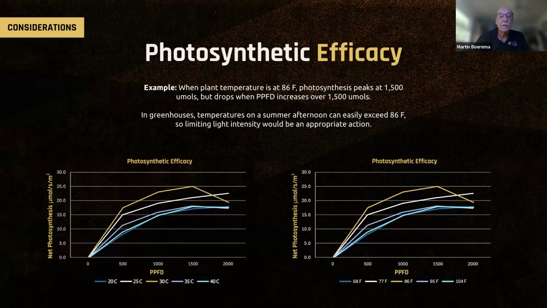And I remember as a grower myself that quality in the summer decreases. So at that point, it's almost better to shade a little bit and decrease the amount of light reaching your plant, because at these high temperatures more light becomes counterproductive. While at, let's say, 25 degrees or 77 degrees of plant temperature, your photosynthetic efficacy actually increases even past 1500.